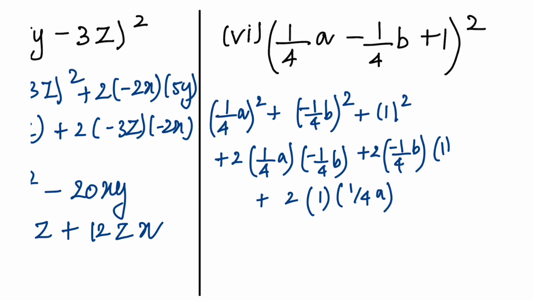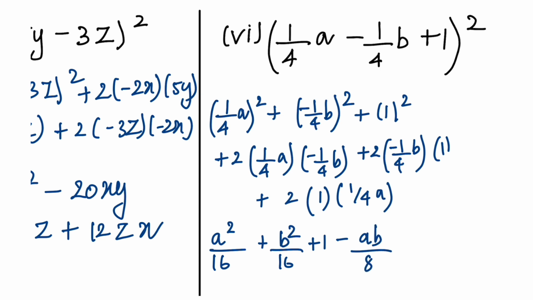So I have just applied the formula x square plus y square plus z square plus 2xy plus 2yz plus 2zx. Okay, on further evaluation we get a squared by 16 plus b squared by 16 plus 1 and here it's minus ab by 8, right, because we have 2 into 1 by 4 into 1 by 4, so it becomes 1 by 8 and we have ab at the numerator, and the next term becomes minus 1 by 2b.